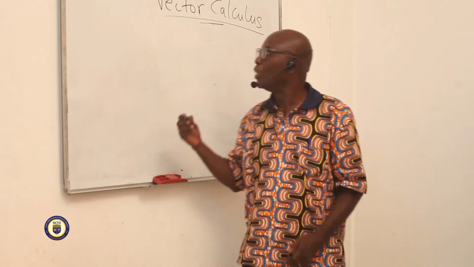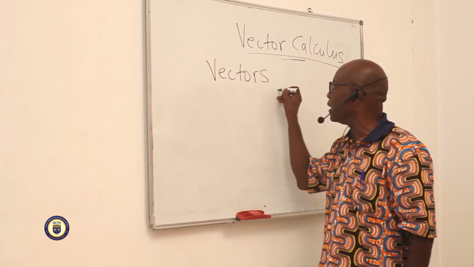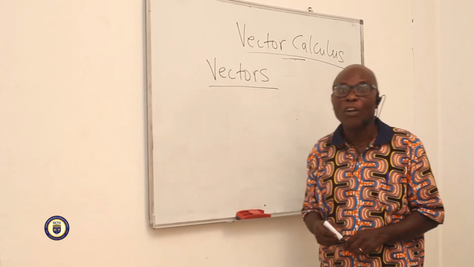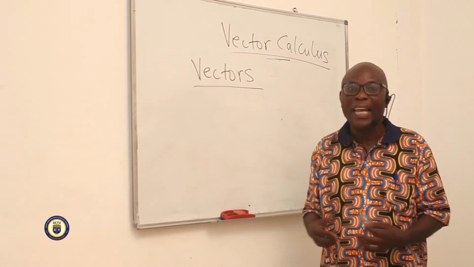And so we start with vectors. Vectors are always shown by directed line segments.